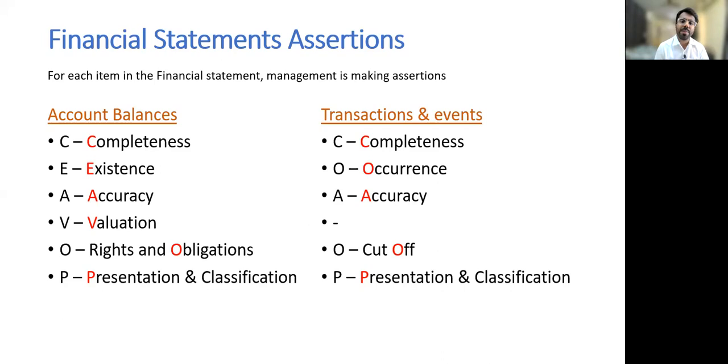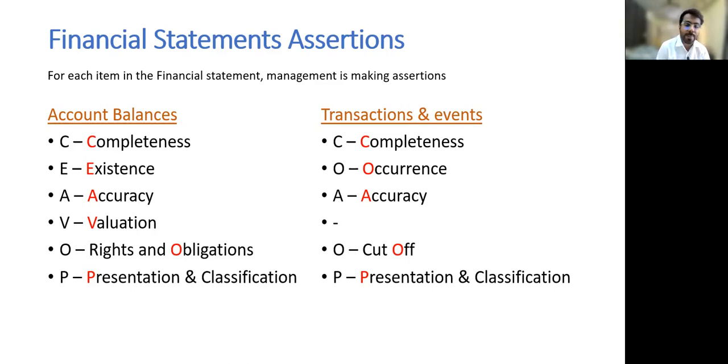This is one example. Or let me give you a simpler example. Let's say the company had purchased the plant and machinery during the last year. So you should check whether the value of that plant and machinery has been correctly accounted for or not. If you remember your accounting standard, what does it say? What all cost should be included in the value of that plant and machinery? All the cost incurred in order to bring that asset into the working condition should be included in the value of that plant and machinery, right?